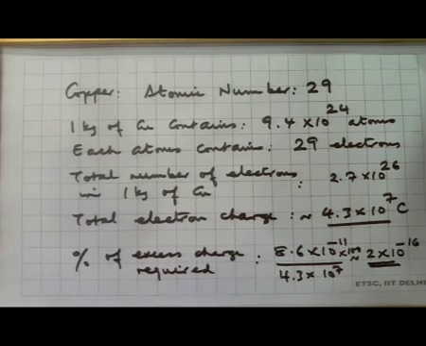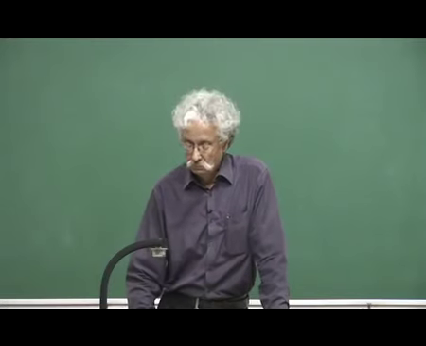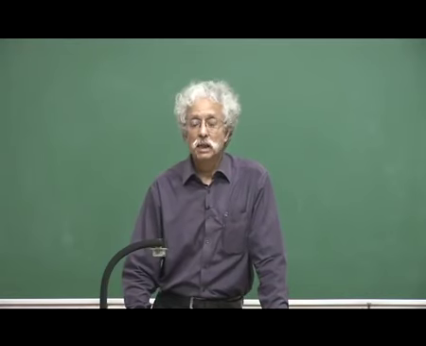The percentage of excess charge required is only about 10 to the minus 14 to equate the gravitational force by the electrostatic force.